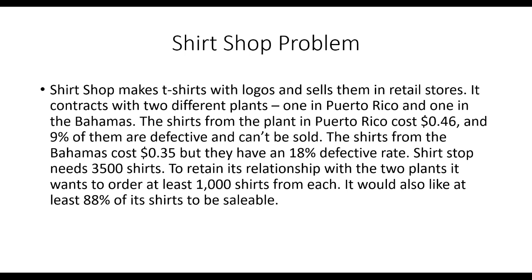The shirts from the Bahamas cost 35 cents, but they have an 18% defective rate. ShirtStop needs 3,500 shirts. To retain its relationship with the two plants, it wants to order at least 1,000 shirts from each. It would also like at least 88% of its shirts to be saleable.